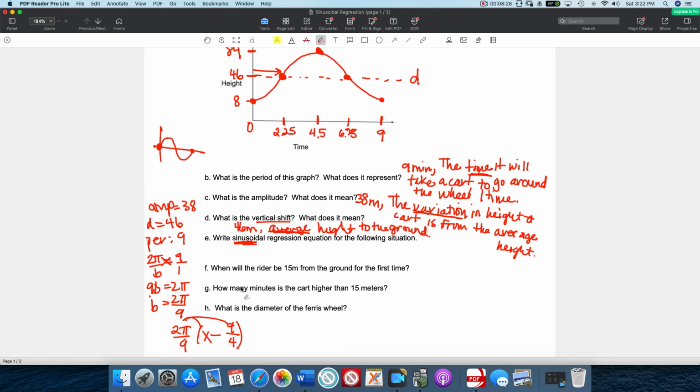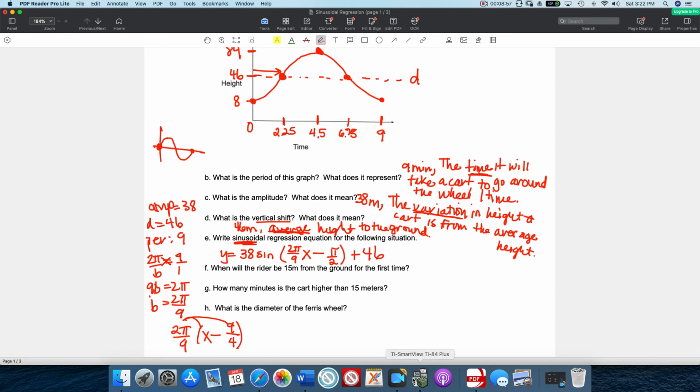So when I start writing this equation, that A is positive 38. Now we distribute and we get 2 pi over 9 x minus, when I distribute to the second part, the 9's are going to go away, the 2 and the 4 will reduce, so pi over 2. And then all we have left is plus 46. So there's our equation.